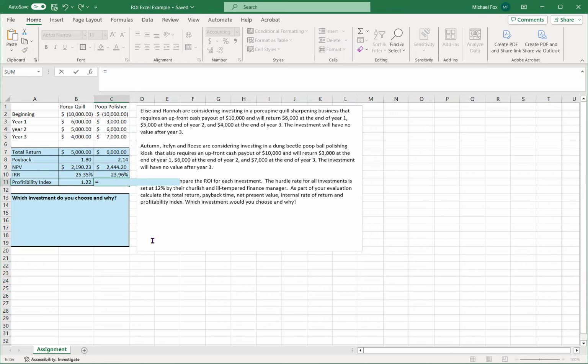So equals NPV, 0.12, comma, highlight those, then we're going to divide that by the absolute value of the cash payout. And this will actually work better if I put all of this in parentheses here too.